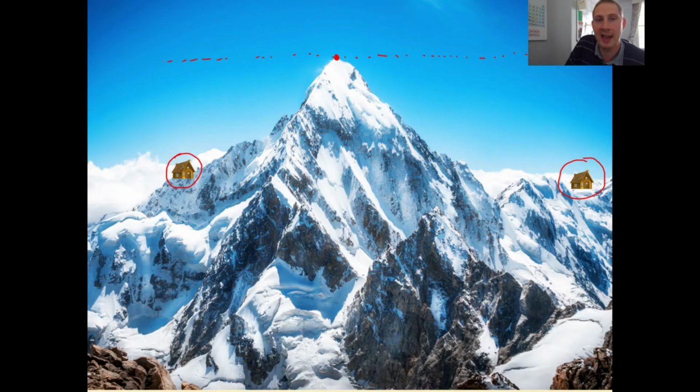Now, the village on the left knows that to walk to the top of the mountain, they have to walk up 750 steps. On the right hand side, they have to go up 800 steps to get to the top of the mountain. So let's imagine a person here. As they walk up, they go up 750 steps.